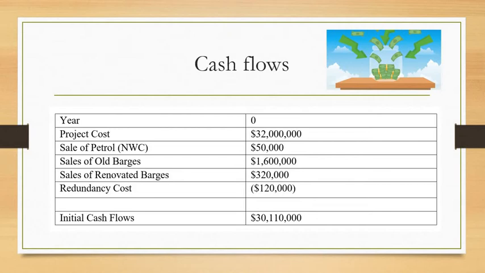The sale of the old and renovated barges generates a cash inflow of 1.92 million, as 20% of the original cost of the existing barges is recognized at year 0 if the project is undertaken. There is a cash outflow of 120,000 at year 0 for redundancy payout due to retrenchment of 2 captains and 2 maintenance workers required.